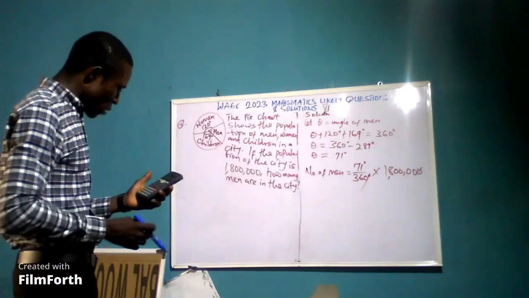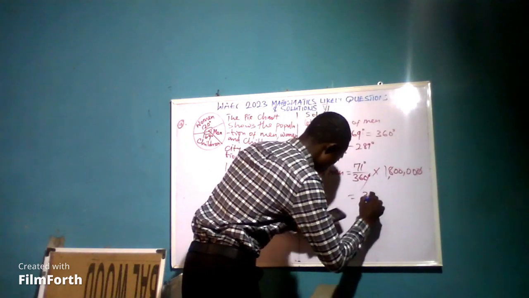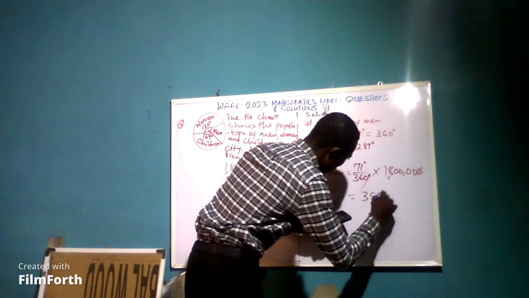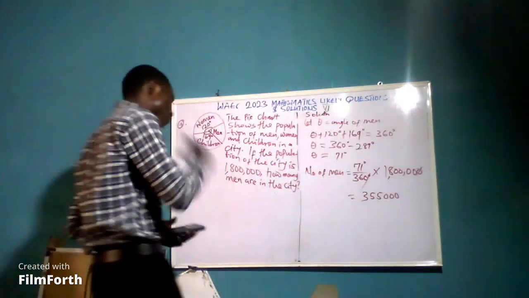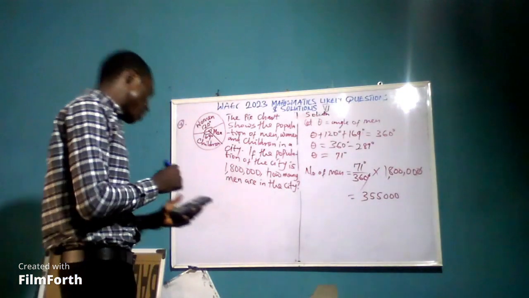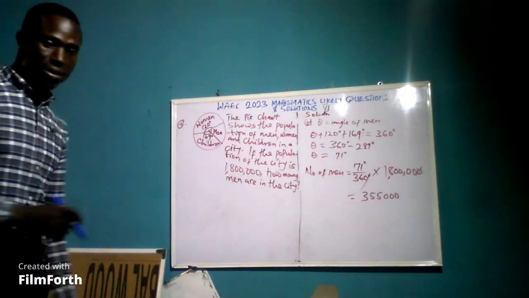Okay, that will give you 355,000. That's 355,000. That's the number of men in the city, and that is that.